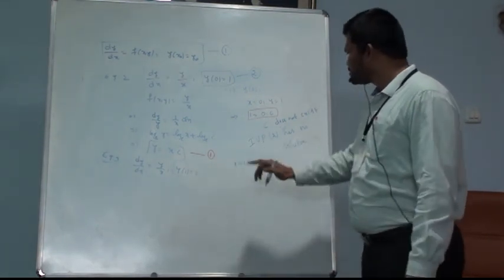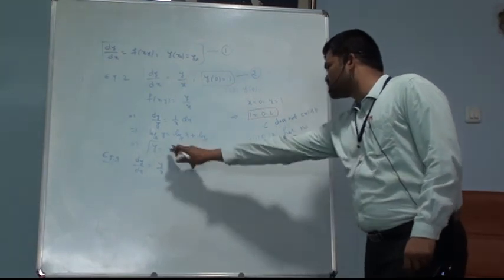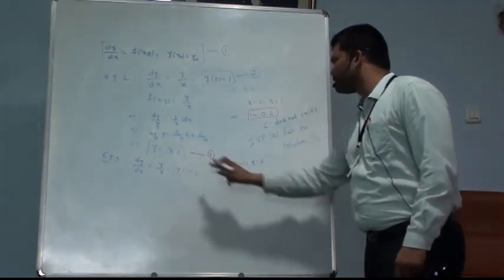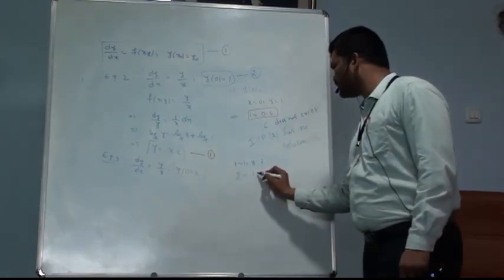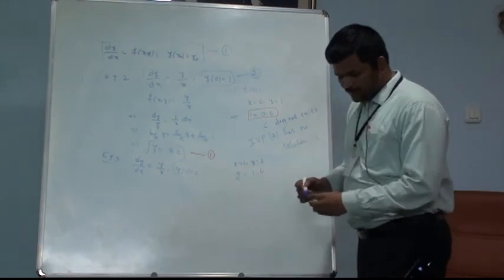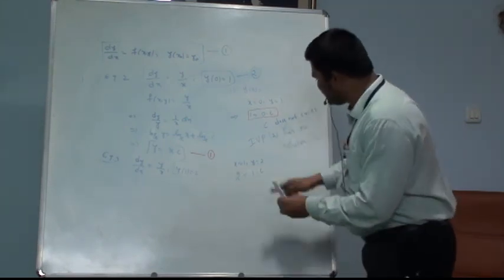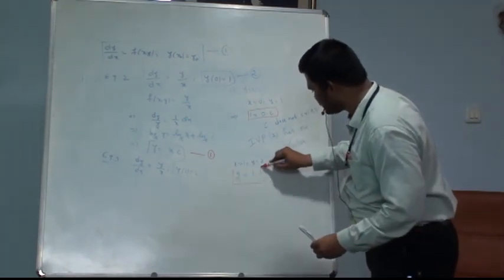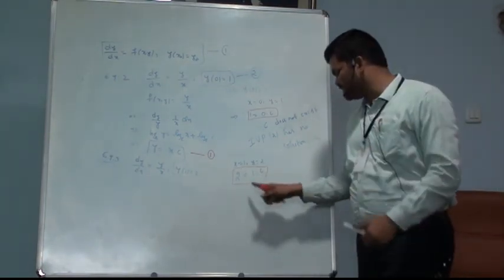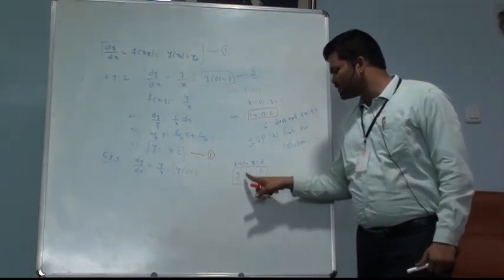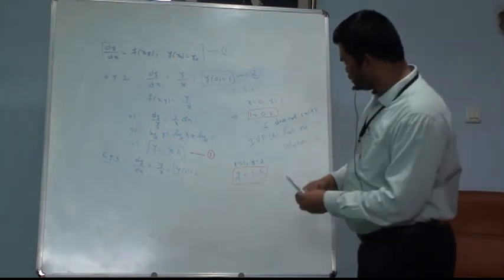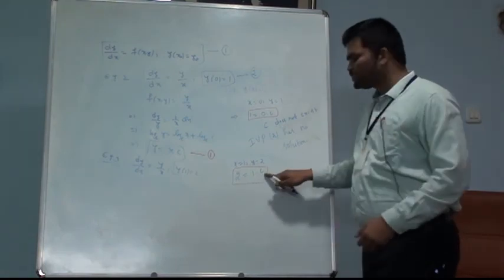So 2 is equal to 1 into c. Now tell me whether c exists or not. For what value of c is 2 equal to 1 into c? What is the value of c? C is 2. Very good. So c is equal to 2.